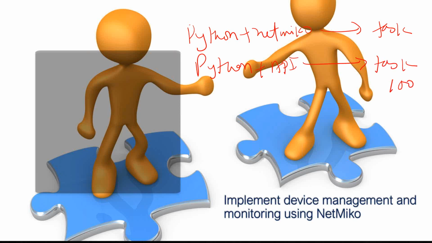This is like 100 times faster than that. It's lightning fast. If you are using Python plus API, it's the fastest thing that we can do in networking. You type the command, enter, you'll get the result.